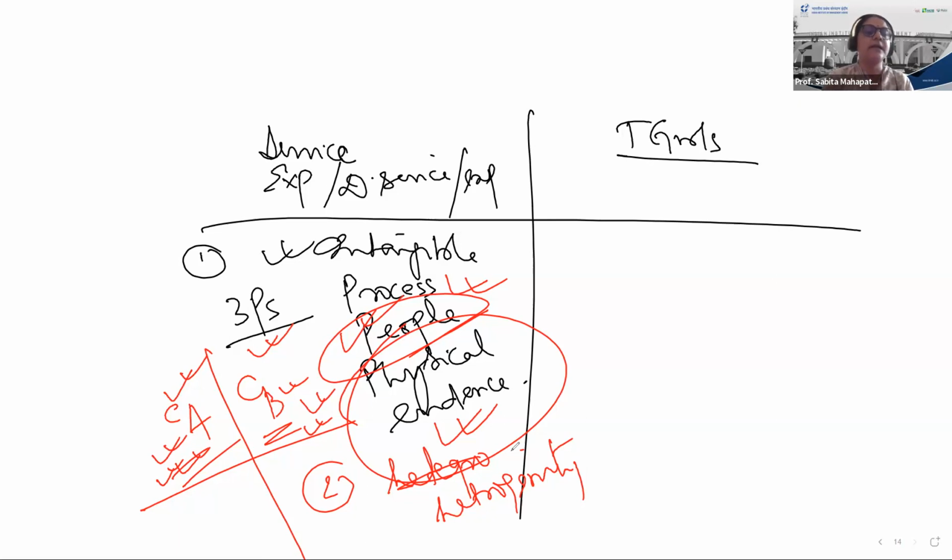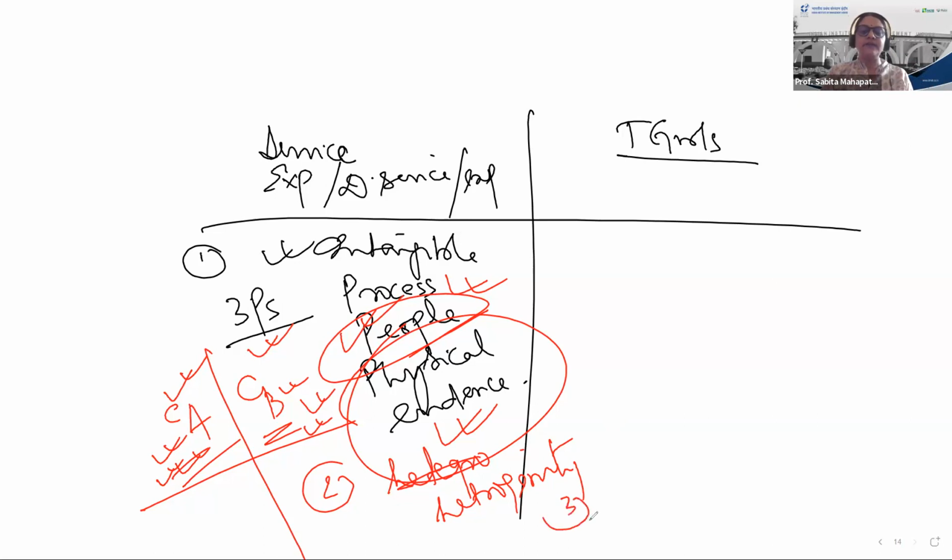For example, if you go to a physician, in the morning he has a good mood, in the evening he does not. So it may vary. Or let's say you are given the same facility to cook as another chef who cooks better. So it is different. Hence, there is an element of heterogeneity, meaning difference in the delivery.